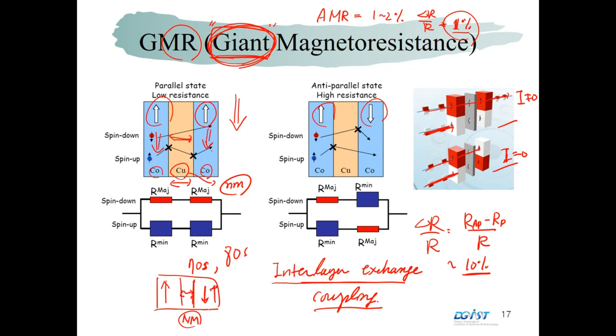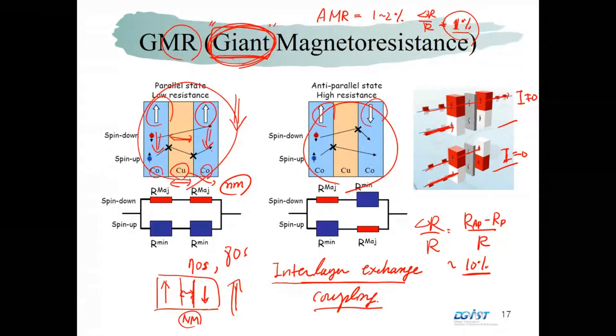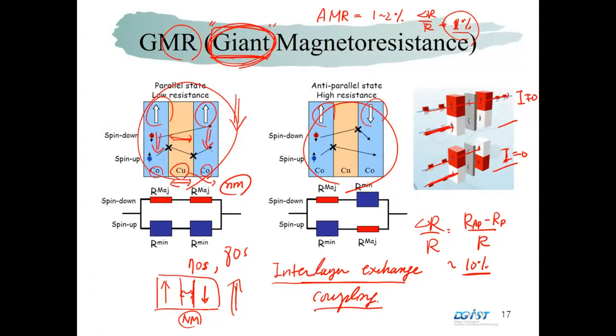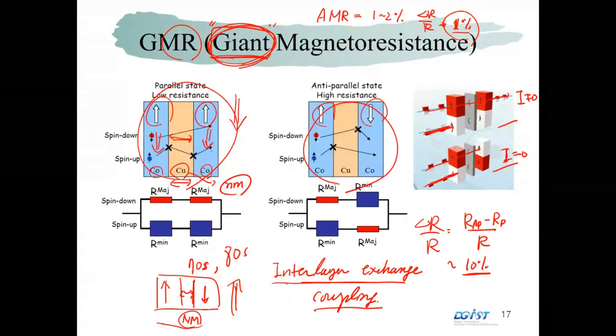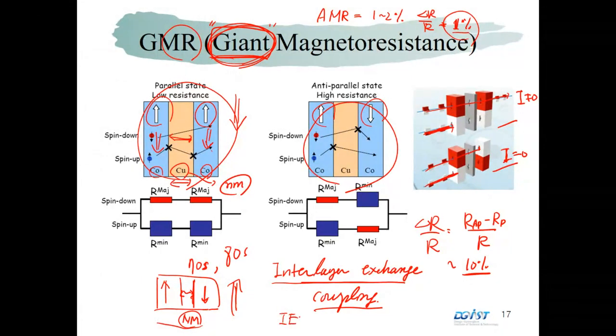So if we set the anti-parallel configuration, we can obtain this configuration. But if you apply a strong magnetic field, they prefer the parallel configuration, and you can obtain this one. Actually, after people found this interlayer exchange coupling, GMR could be found easily. So every discovery is connected to each other.